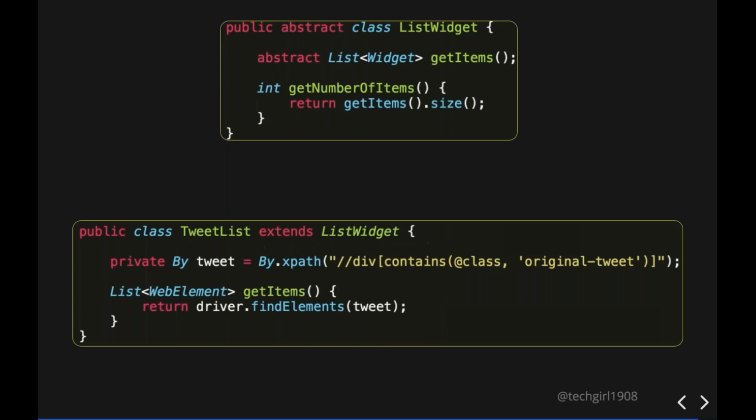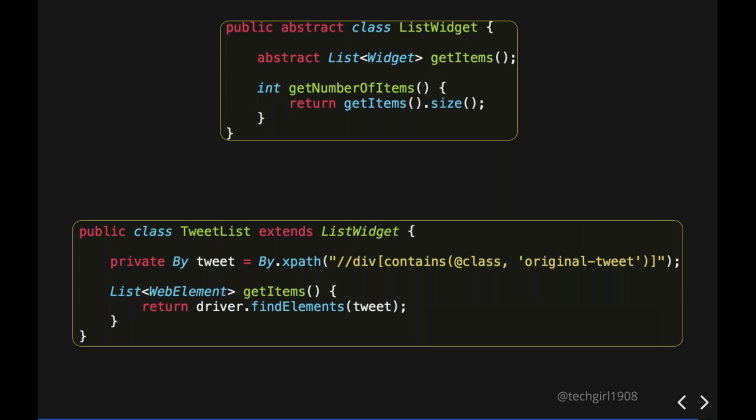Okay. So in automation, here's an example that you would use something like an abstract class for. Let's say, for example, you had a list widget. This is just a generic abstract concept of a list widget within your application. You don't know what kind of list it is. It doesn't really matter.